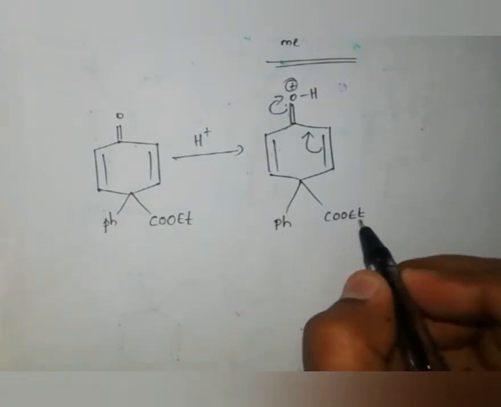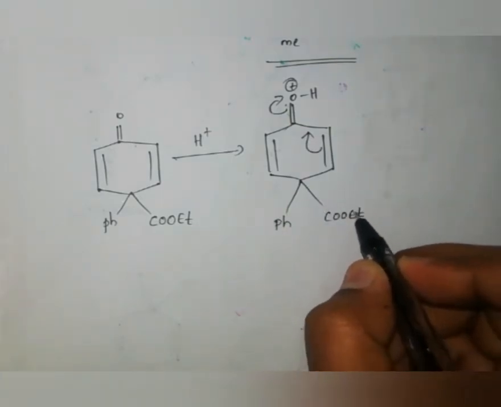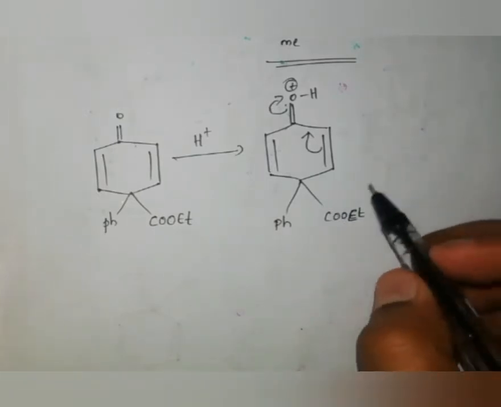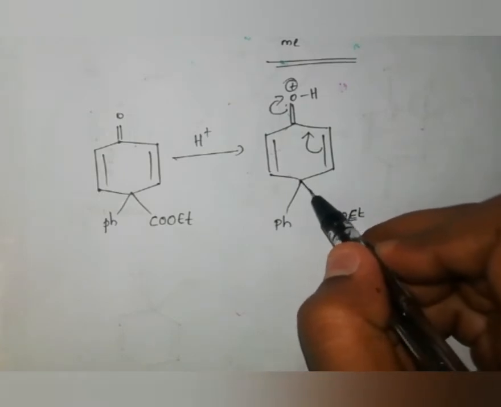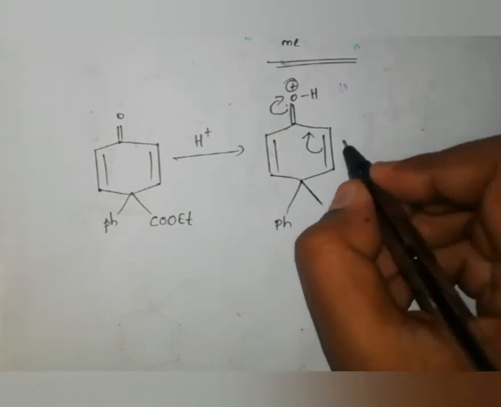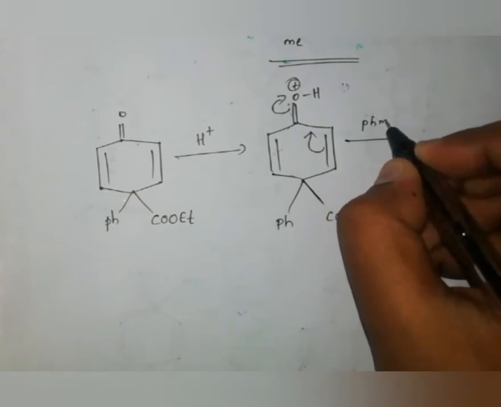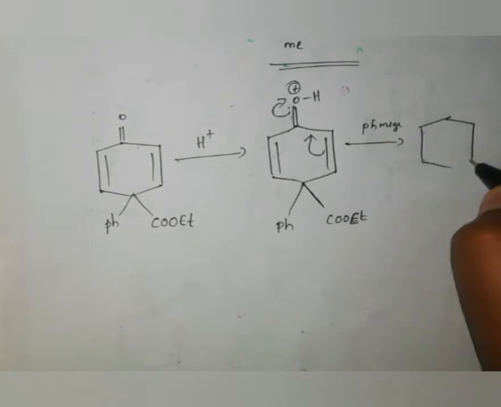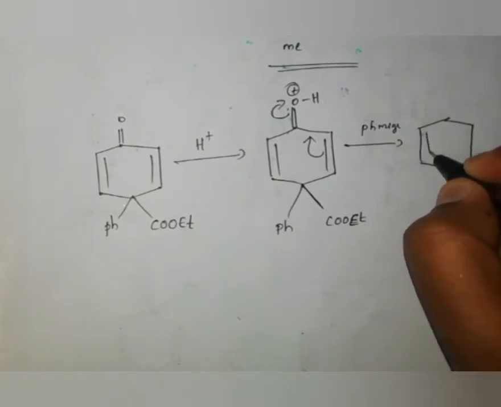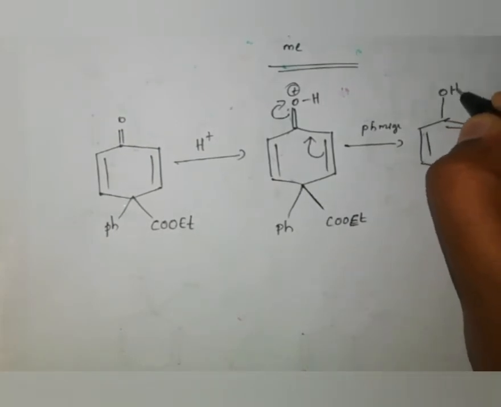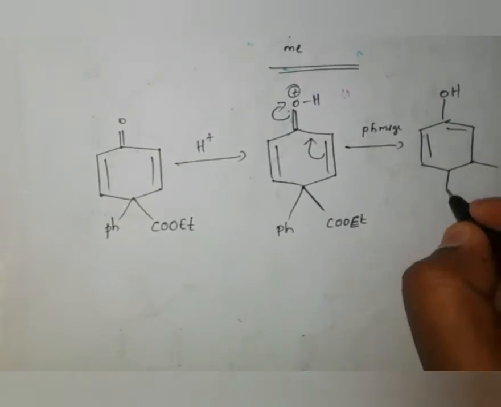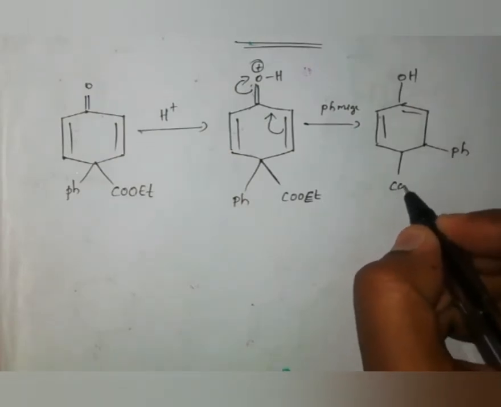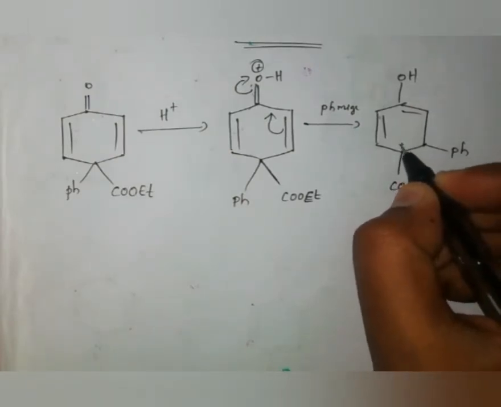Compared to phenyl, this COOEt, that is the ester group, gets migrated to the adjacent carbon. Let's see what happens if phenyl migrates. If phenyl migrates, this becomes: here a phenyl group, and here COOEt, and this becomes positive.